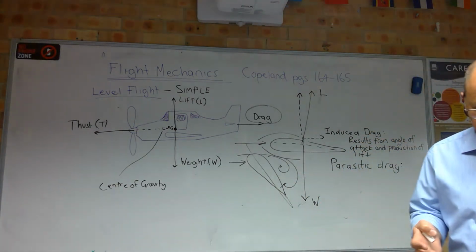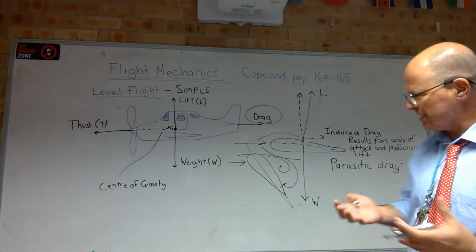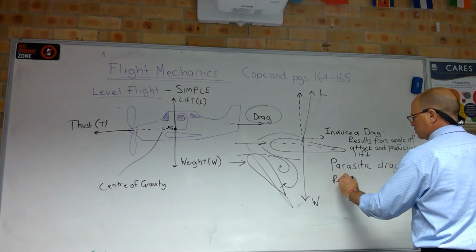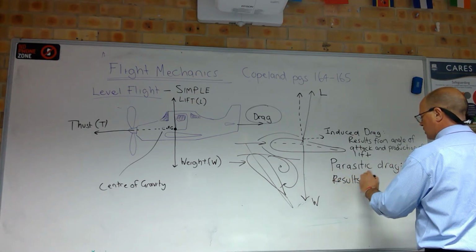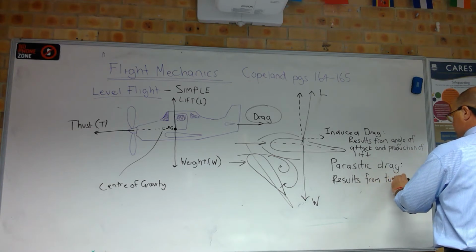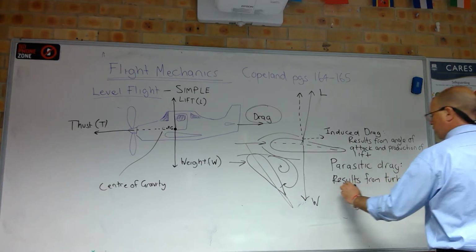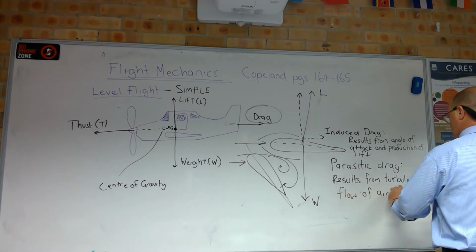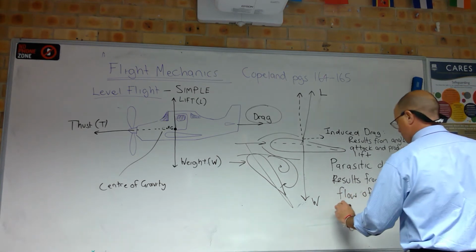Anytime you have turbulence, that is called parasitic drag. So parasitic drag results from turbulence or turbulent flow of air over the aircraft.